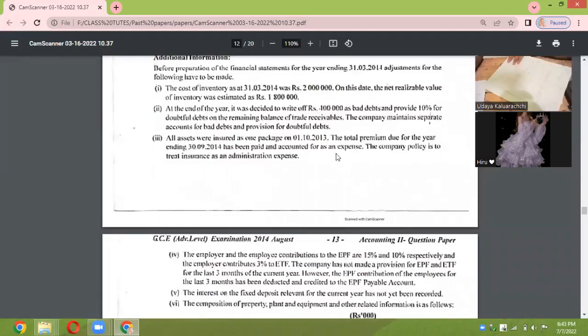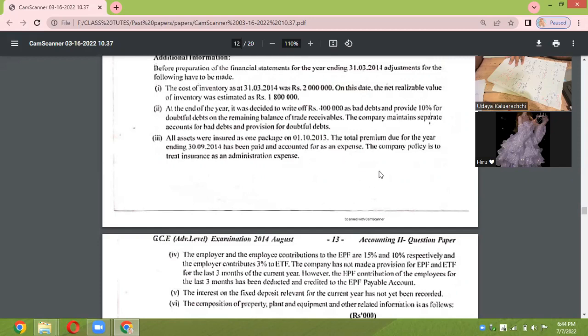Adjustment number 3. All the assets were insured as one package on 1st of October 2030. The total premium due for the year ending 30th September 2040 has been paid and accounted for as an expense.